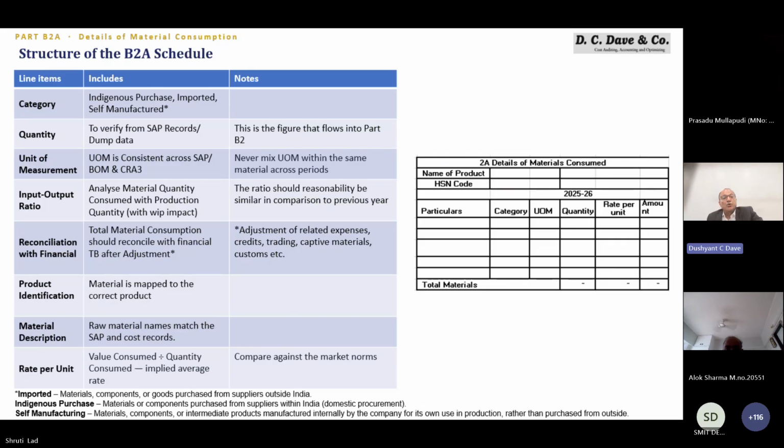A surprisingly common error is that material should always be mapped to the correct product. Wrong mapping basically affects your product cost, segment reporting, and cost competitiveness. And again, there has to be consistency in material description in SAP, stores ledger, cost records, everything should maintain the same material description.